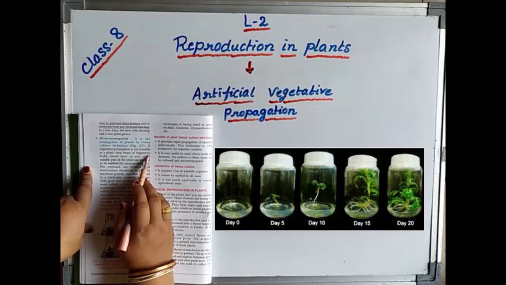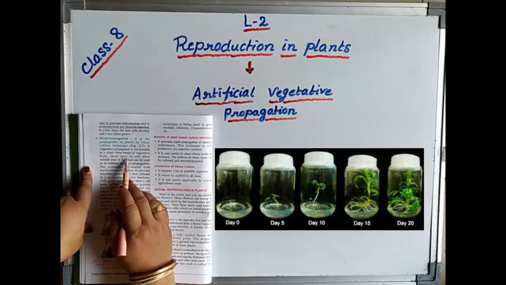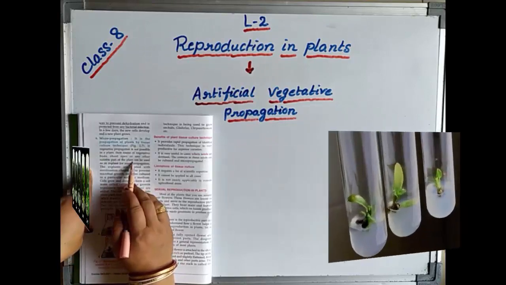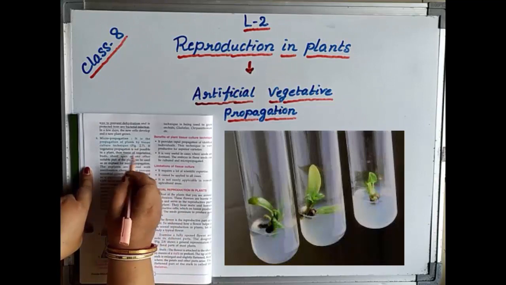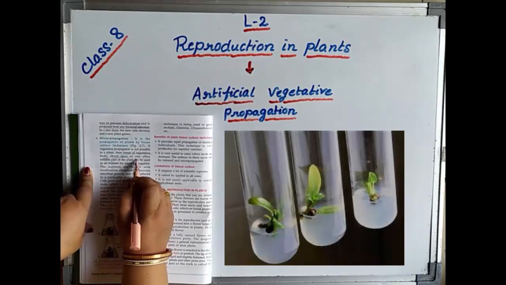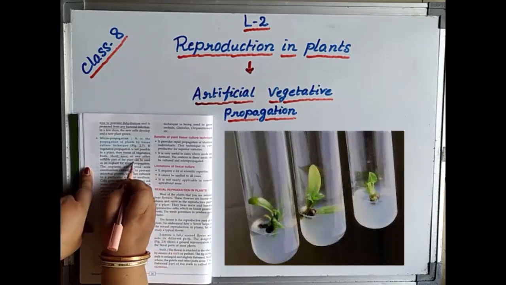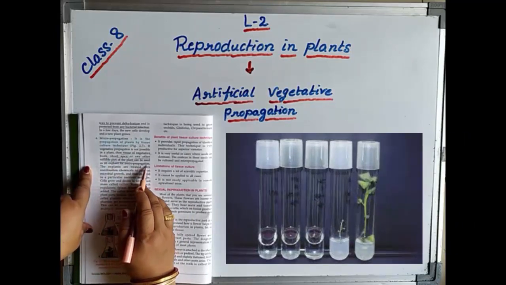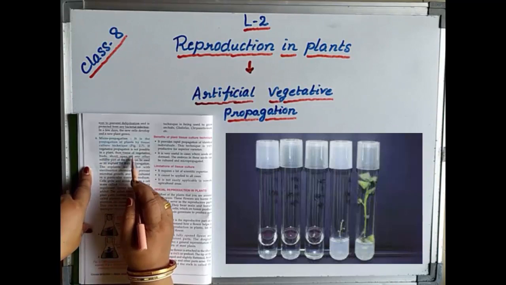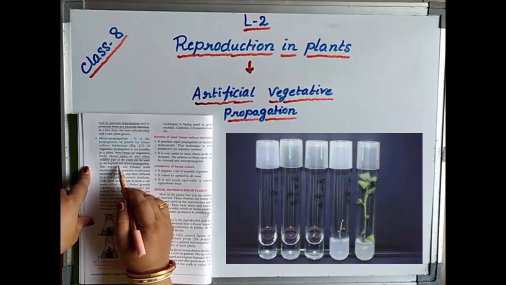The tissue of vegetative buds, shoot, apex or any other suitable part of the plant can be used as an explant for micropropagation. Please underline this. These will be taken for micropropagation, okay, as an explant.